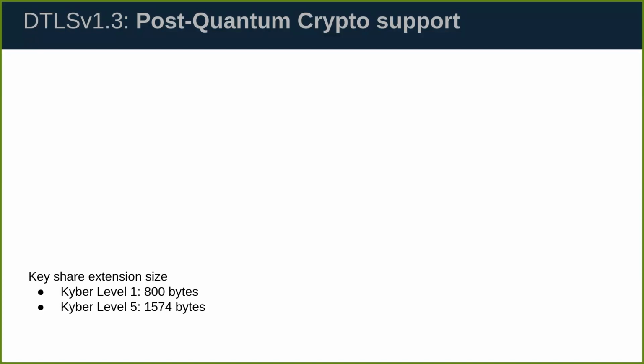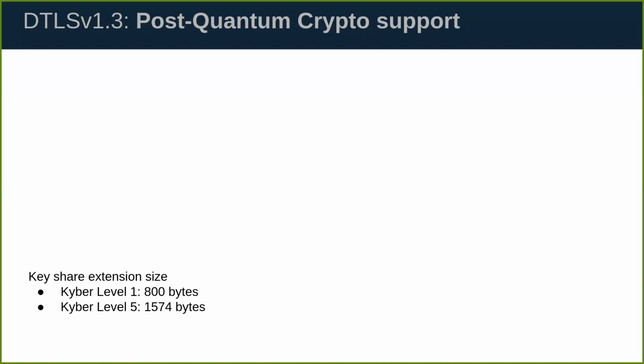That will fit inside the 1500 byte MTU for most UDP networks. But for Kyber level 5, the key share is 1574 bytes. And this is just the key share, without the other necessary information of the client in the client hello and the UDP headers that obviously also need to be included inside this MTU.